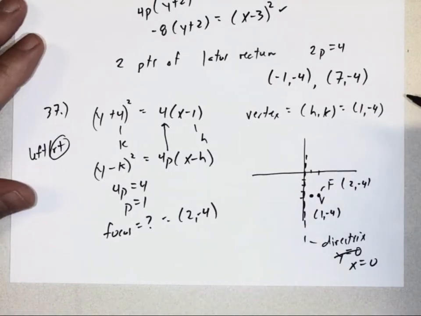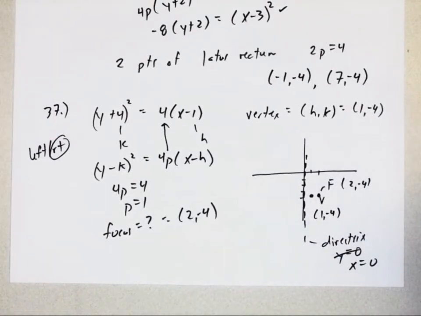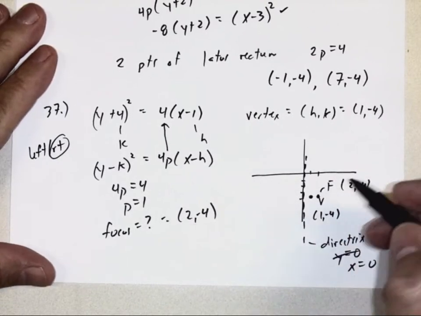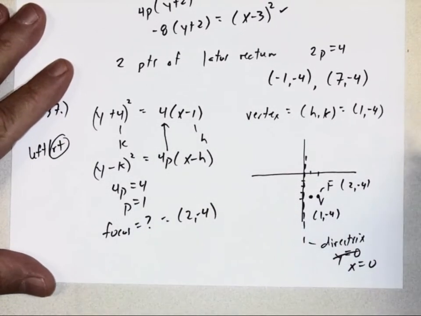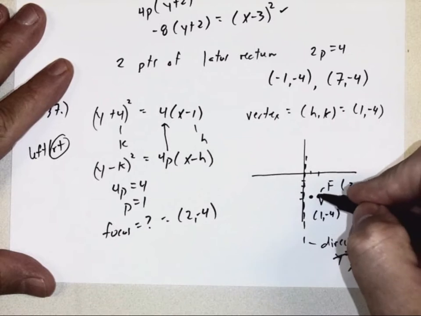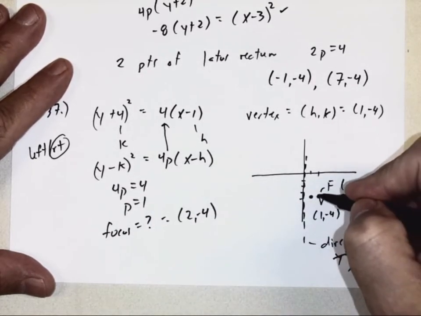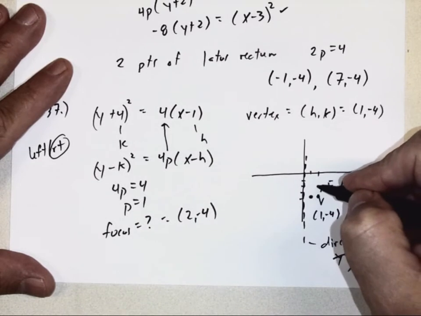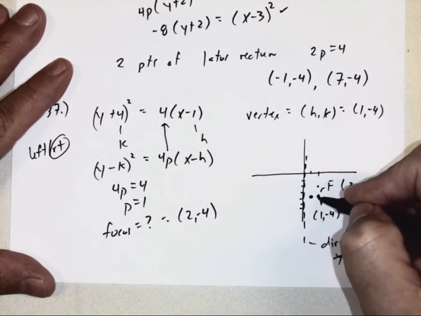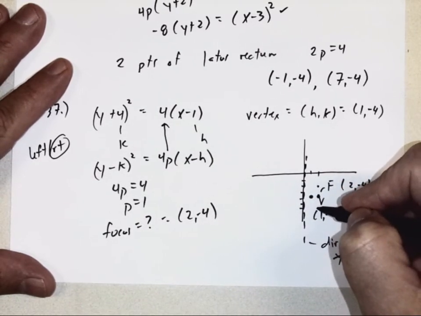And now if we want to graph the parabola, the last thing we do is get the spread. Since p is 1, from the focus I move a distance 2p, so it's 2 up and 2 down.